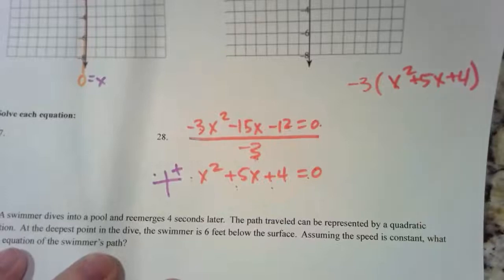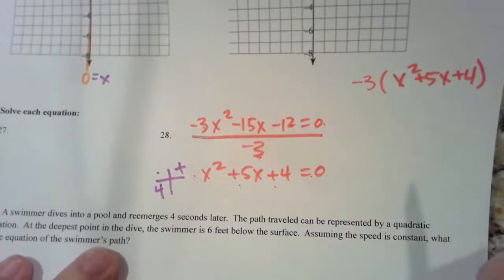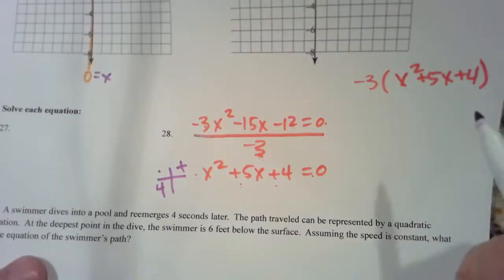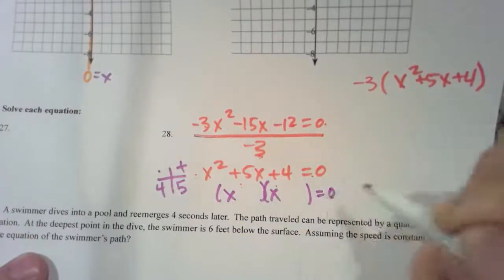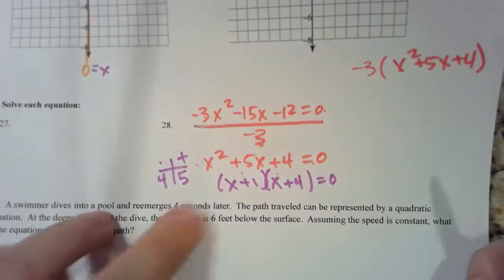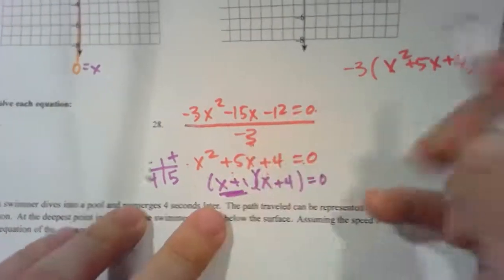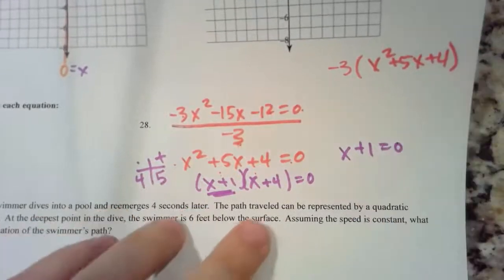P.S. If the game does not work, you have to use the quadratic formula. Looking for 2 numbers that multiply to 4 and add to 5. Plus 1 plus 4. And if I'm solving this, then either my first one has to be 0, because you're finding the x-intercepts, right?